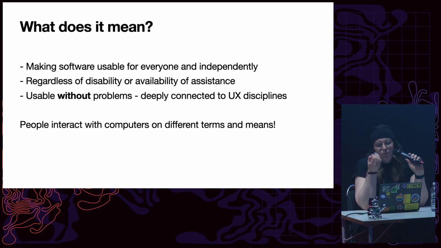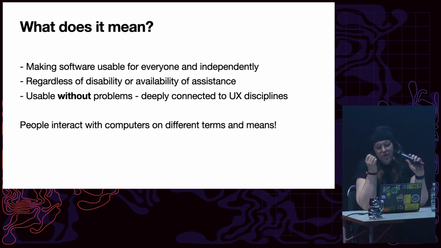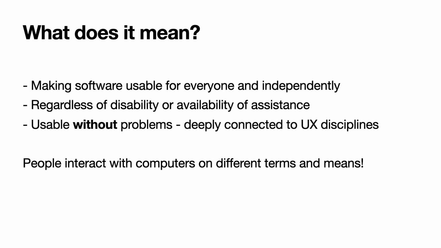It means that we want to make software as usable for everyone as possible and also independently. And that should go regardless of a disability or the availability of assistance. So people should be able to use a software on their very own terms. And that is the goal that we want to achieve with digital accessibility. And all of that should be possible without any problems or any hurdles.